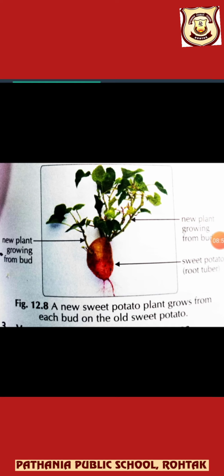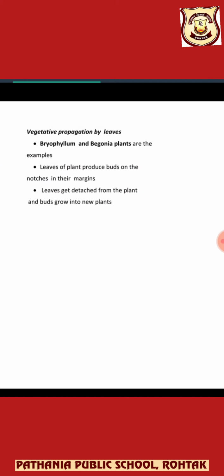The new plants and new buds are growing from this part. You can take out one segment, one tuber, and grow it in the soil, and you will get a new plant. This means from one potato or sweet potato we can get many new small plants.